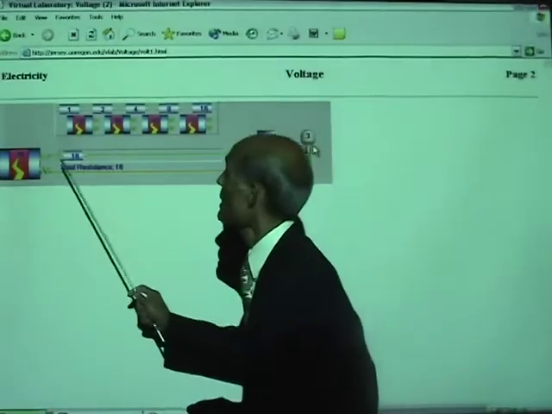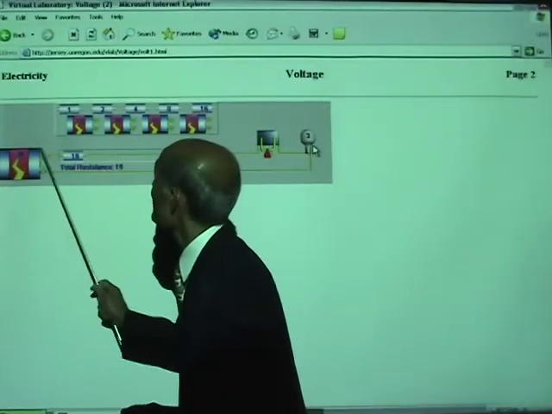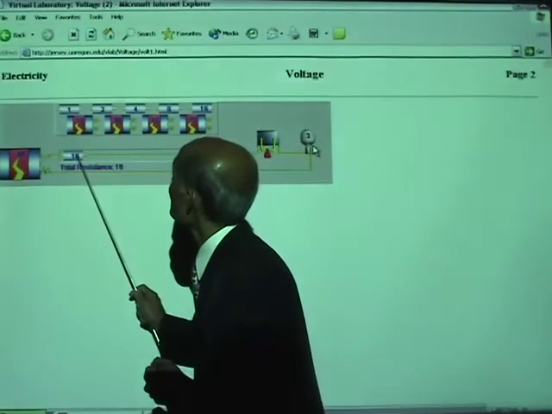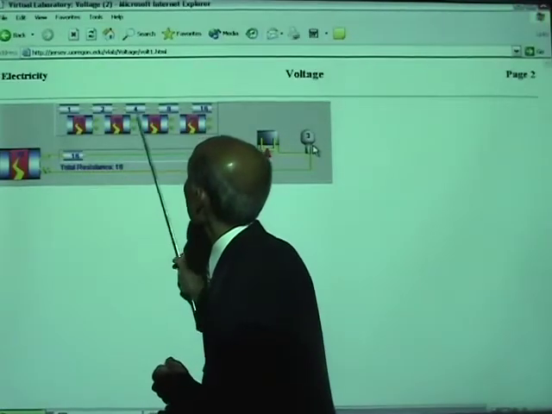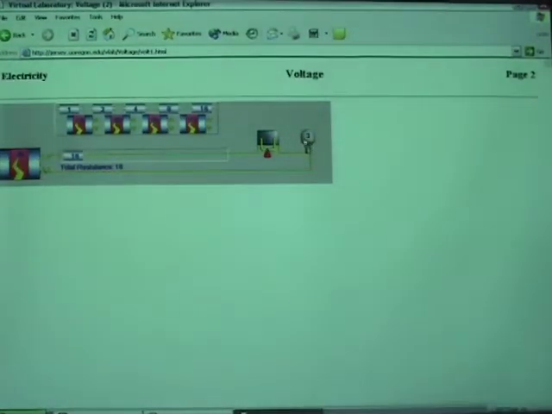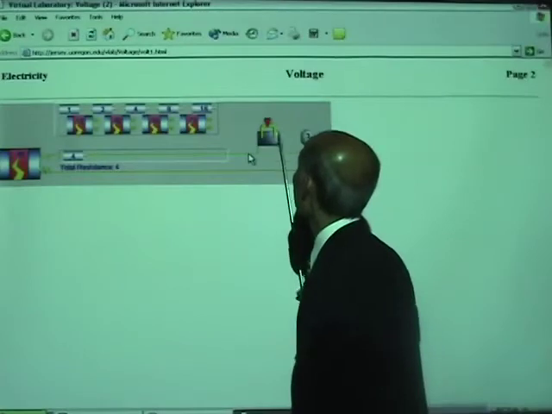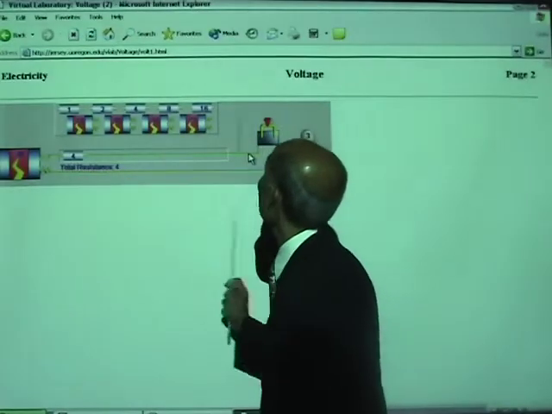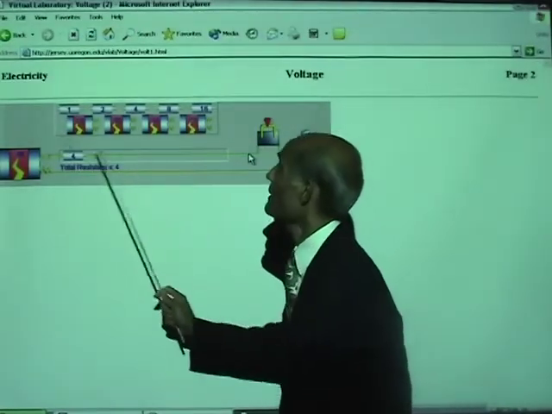On the other hand, I'm going to change the resistor. Instead of 16, I'm going to put a 4. Let's see what happens. If I take away that 16 ohm, there you can see there. If I put a 4 ohm there, now tell me what is the current that is going to flow onto that bulb when I turn the switch on.